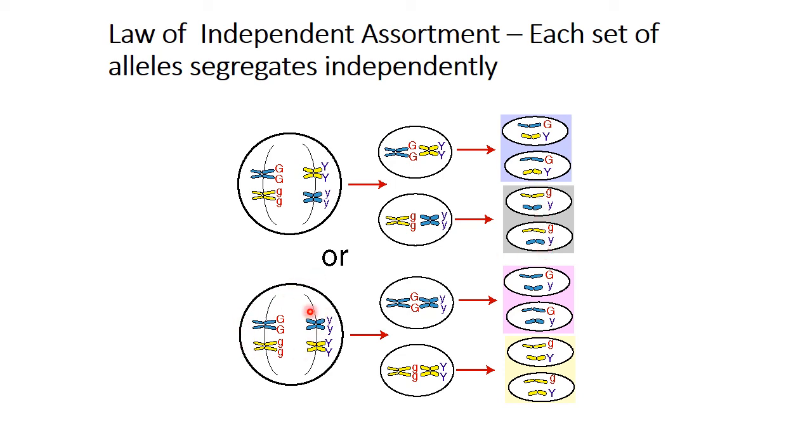Or they can segregate like this, where they have a big G, big Y, or big G, little y, and then a big G, little y, a big G, little y, a little g, big Y, and a little g, big Y. And because this is on 2 different chromosomes, this would be a 2 to the n ratio, which means we have 4 different possibilities of different segregation of independent assortment.